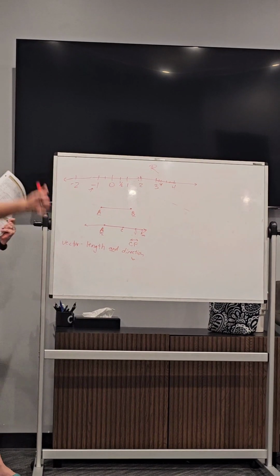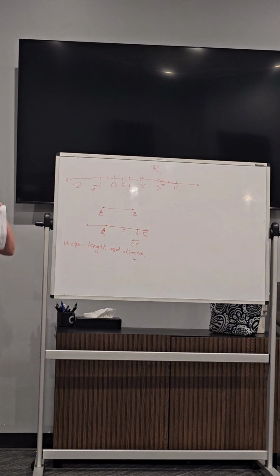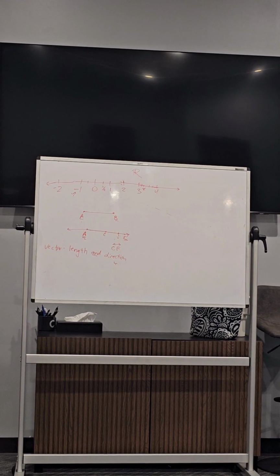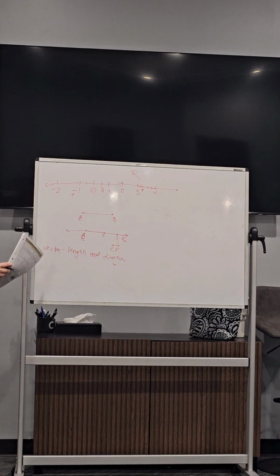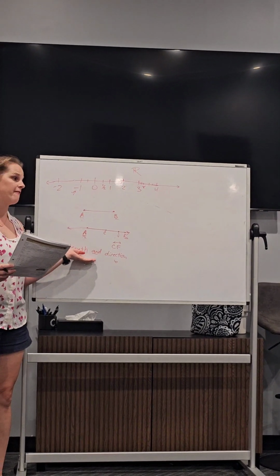So instead of just going on and on in one direction or another, it has a definite length, how far you traveled, and it has the direction in which you traveled. It's very important in science that you have both pieces. In math, we typically just talk about the fact that it has a set fixed length.